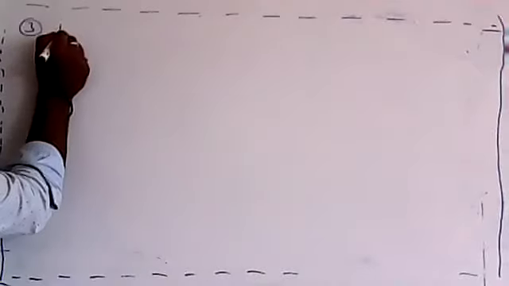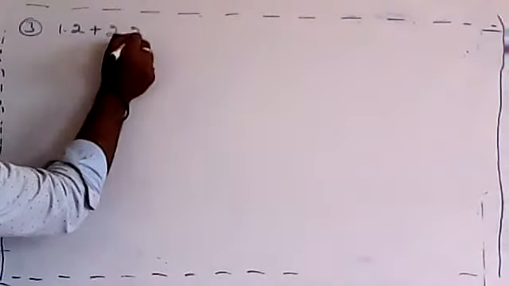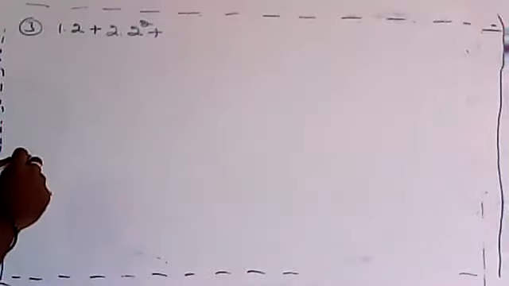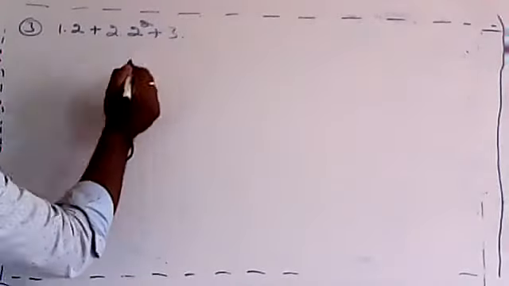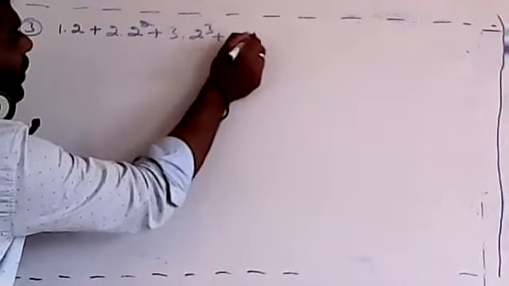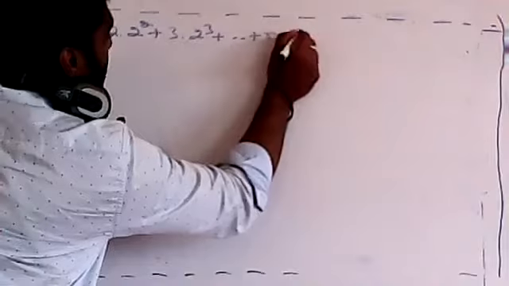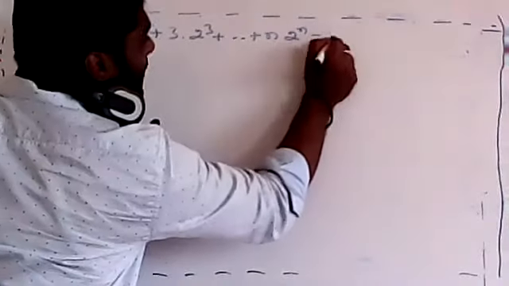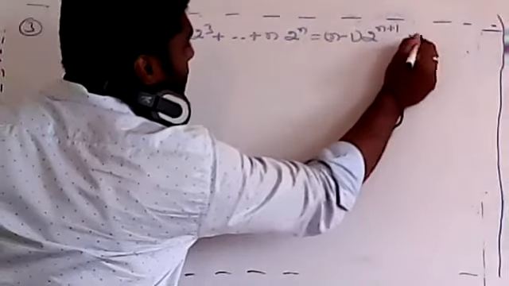One into 2 plus 2 into 2 square plus 3 into 2 cube plus so on up to n into 2 to the power of n, which is equal to n minus 1 into 2 to the power of n plus 1 plus 2.